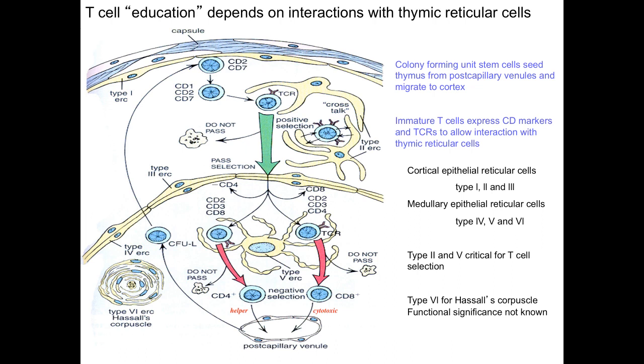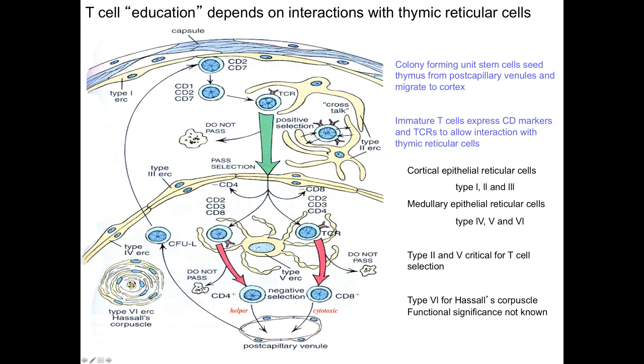There are, as we said, a variety of epithelial reticular cells found only in the thymic cortex that are type 1, type 2, and type 3 cells, or there are epithelial reticular cells only in the medulla of the thymus, type 4, type 5, and type 6. Type 2 and type 5 are critical for T cell selection, and here showing the distribution, thymic reticular cell type 1s near the boundary of the cortex of the thymus.